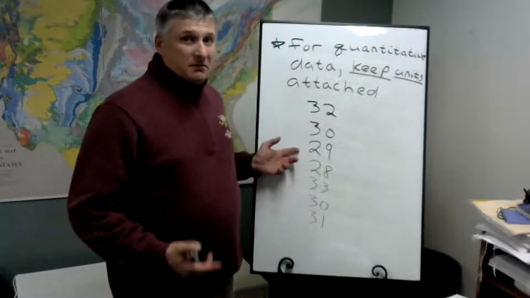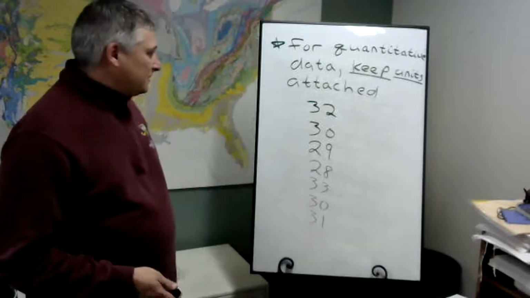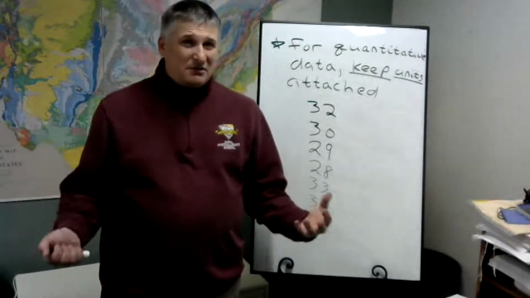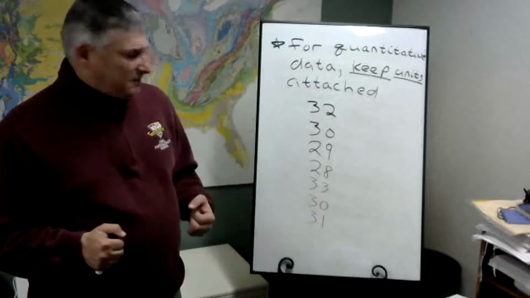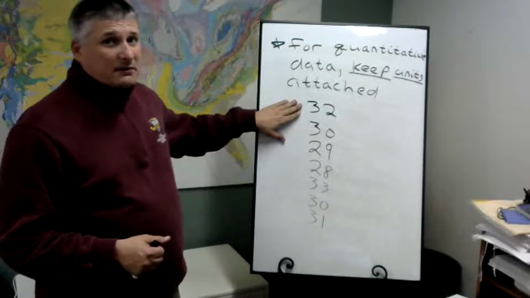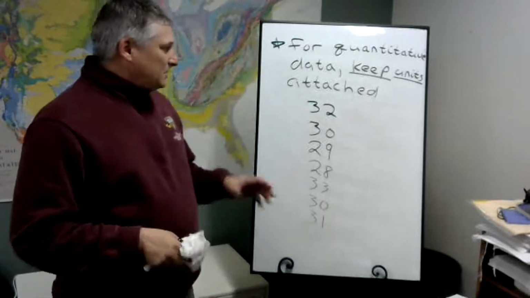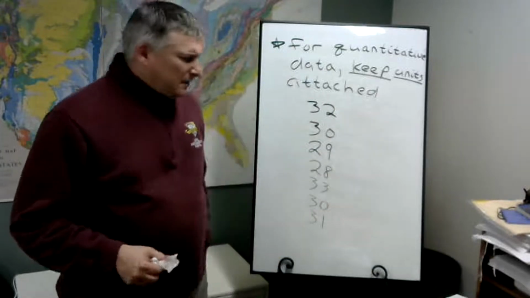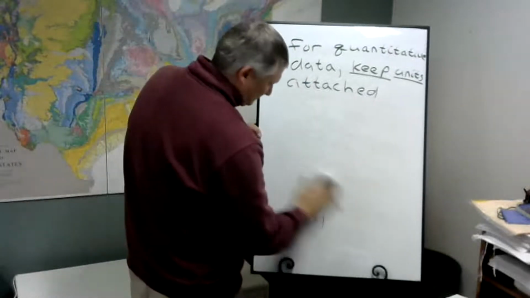Well, this is going to be really cold if this isn't Kelvin, but it might also be Celsius. Someone might use Celsius, or they could use Fahrenheit. And so depending on Celsius and Fahrenheit, that could be significant. So you just want to be careful. Is this 32 degrees Celsius or 32 degrees Fahrenheit? That is a significant difference. So make sure you have your units attached to your numbers when you're working with quantitative data. So anyway, there's something to keep in mind.